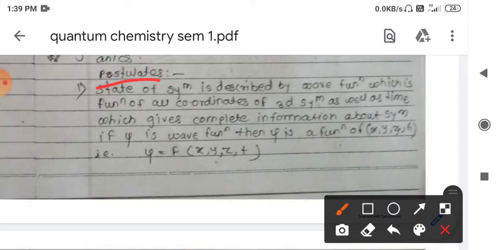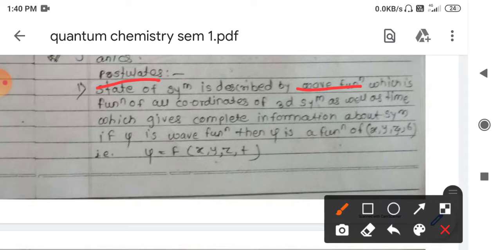These assumptions are useful for explaining the various concepts. There are 5 postulates of quantum mechanics. The first postulate is that the state of a system is described by a wave function. For describing the state of a system, we use wave equations, which are generally trigonometric or exponential functions.